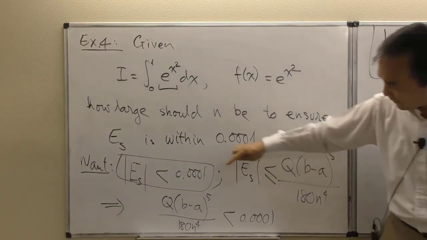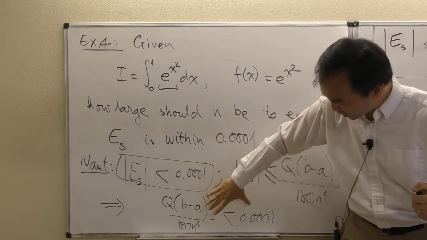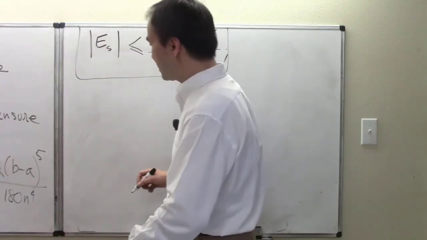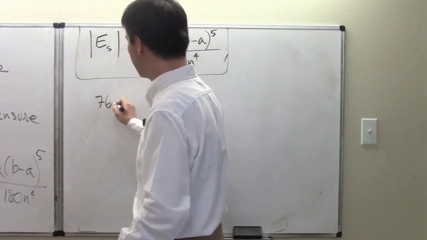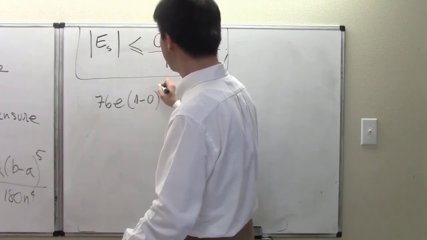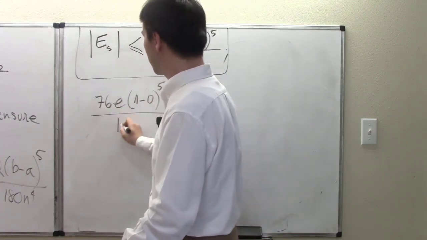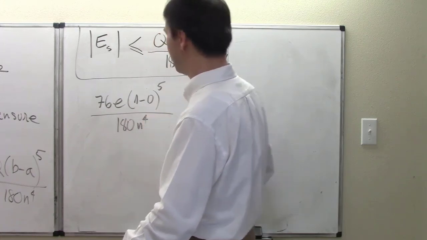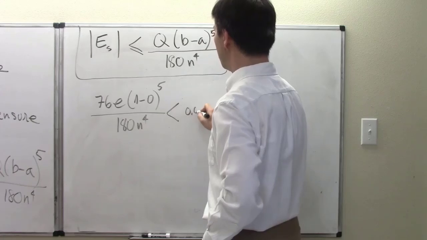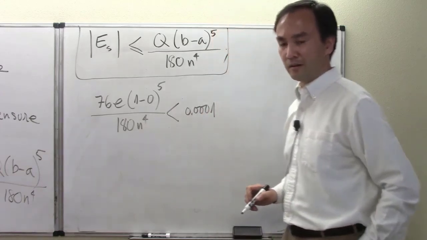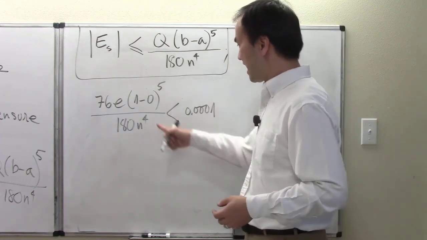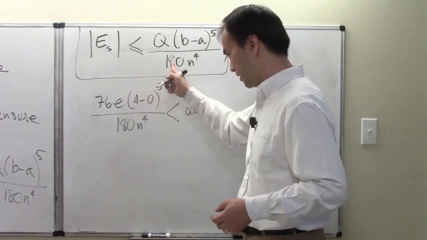From the inequality we have led up to, Q is 76e. Now b minus a is 1 minus 0, to the fifth power, divided by 180 n to the fourth power, and we want this expression to be less than 0.0001. Lots of cancellation can happen, since 1 minus 0 is just 1, and to the fifth power is just 1.